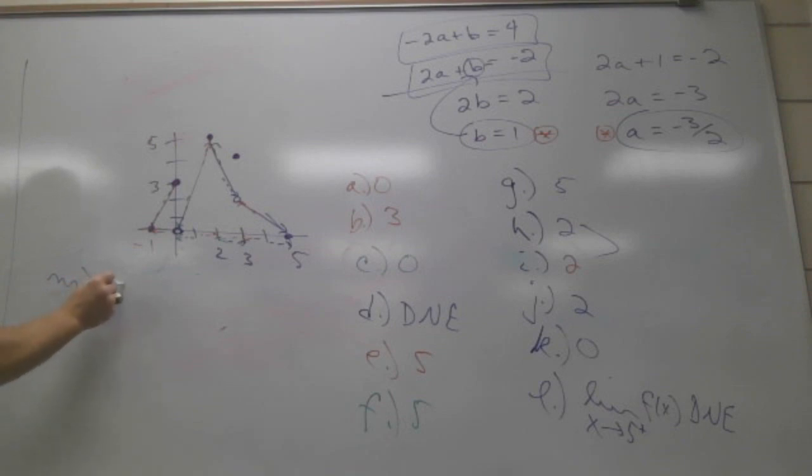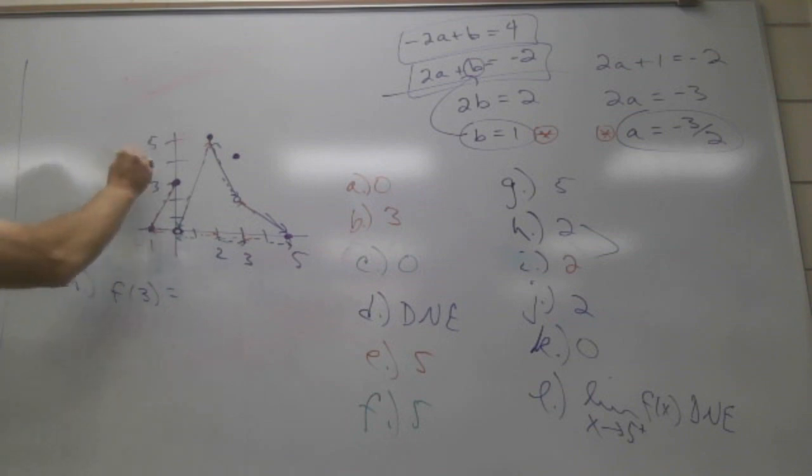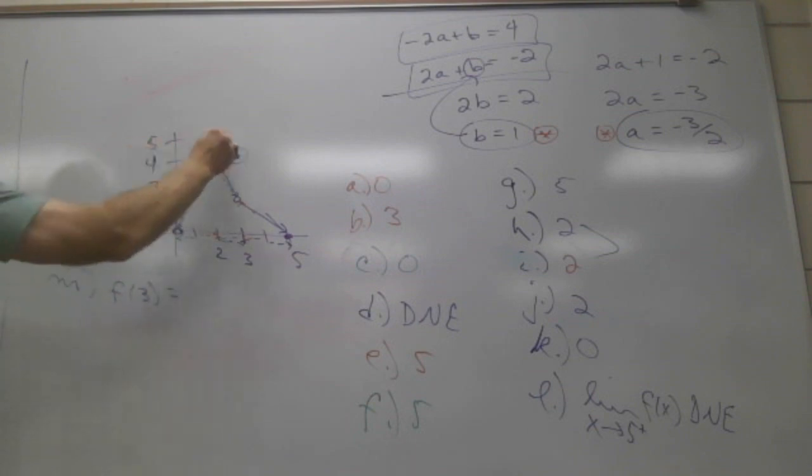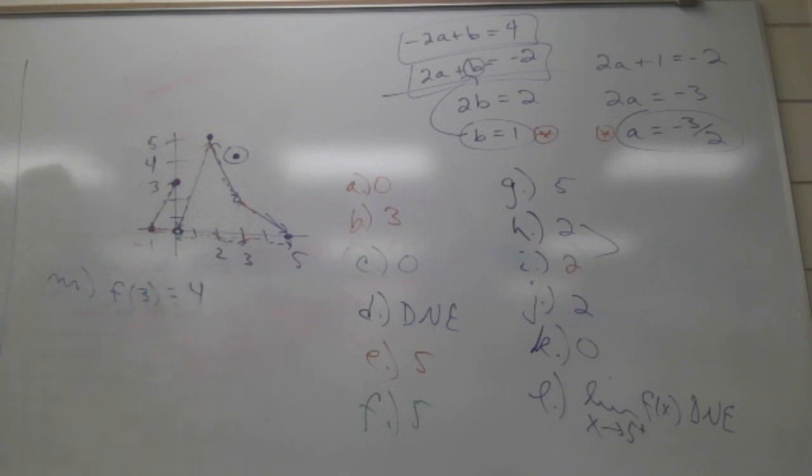What is f of 3? 4. It's the actual height there, so it's 4, right? What's f of 0? N. It's the height at 0. It's 3.